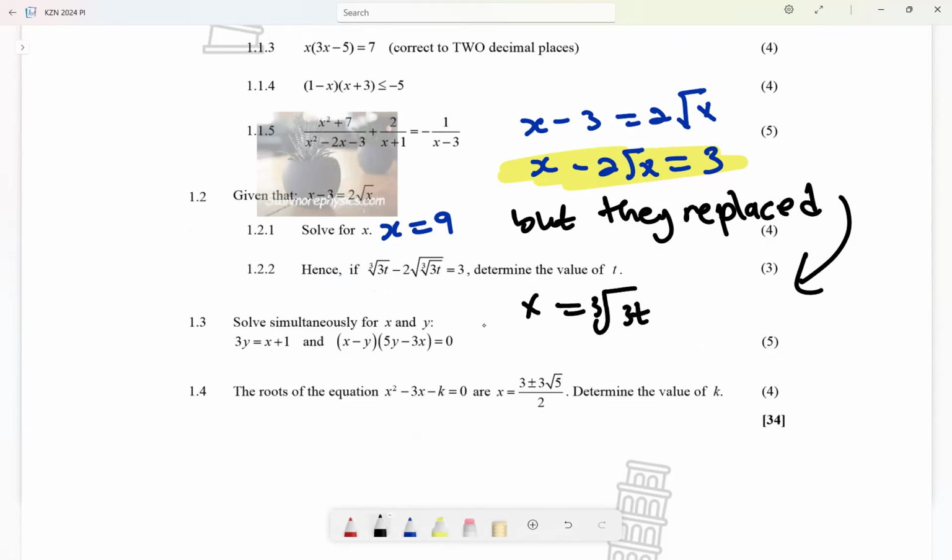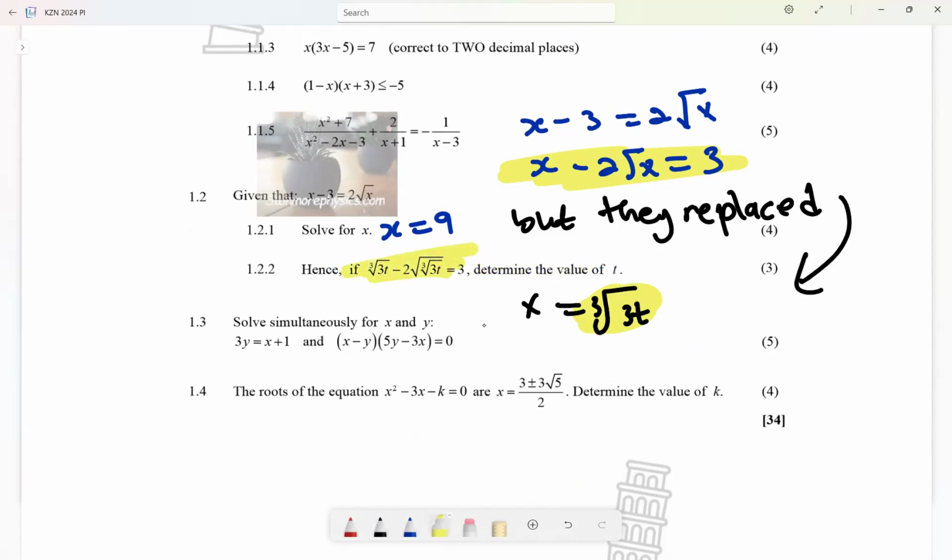Can you see where it was x? Here it is x, but now we have cube root of 3t. Here we have 2, then square root of x, but x is now cube root of 3t. They replaced x with that one. So it means now our new x is this. They say determine the value of t.